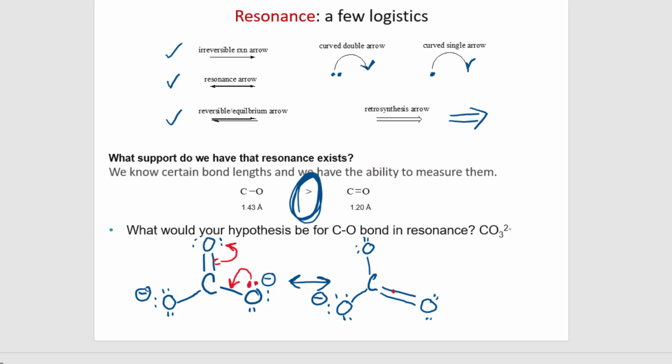I take that lone pair and make it a bond between the carbon and the oxygen, but in doing so, move the other pi bond up so that those electrons move up into the oxygen at the top. I could then take these electrons and move them back down and go back in the other direction. That's why resonance is backwards and forwards arrows. I could also take the electrons here and move them in and move these two out, drawing yet a third resonance contributor.